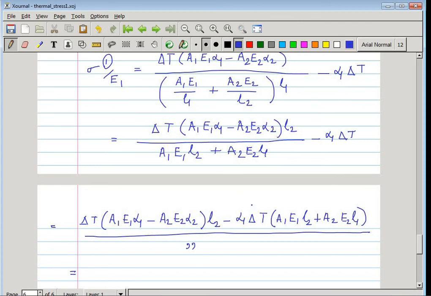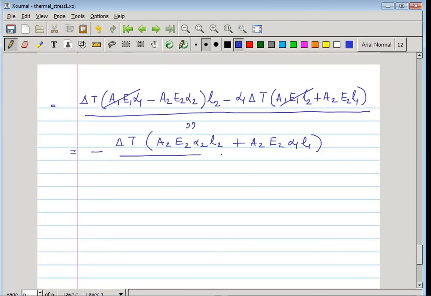So here alpha 1 delta T A1 E1 alpha 1 L2, so this term gets cancelled with this term, and what remains is minus delta T, this term A2 E2 alpha 2 L2 plus A2 E2 alpha 1 L1 divided by this.